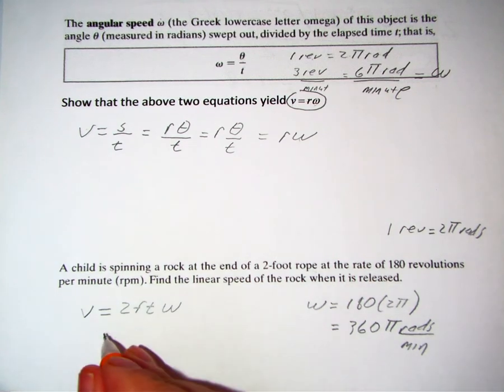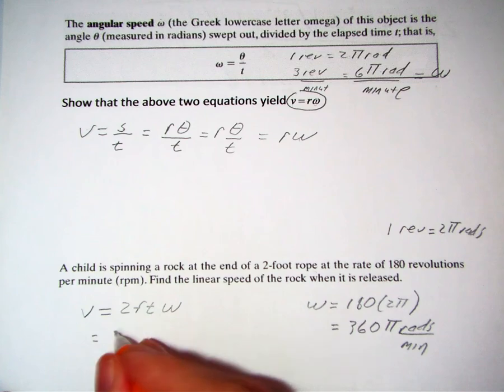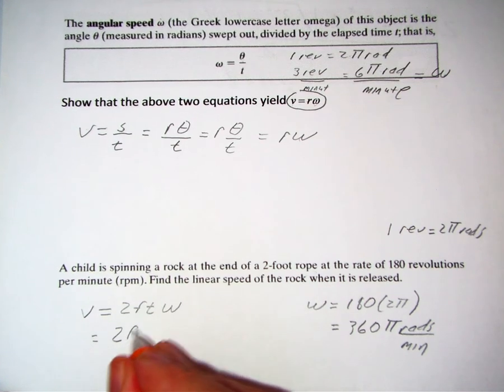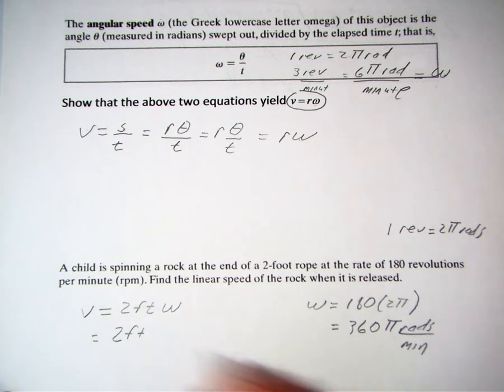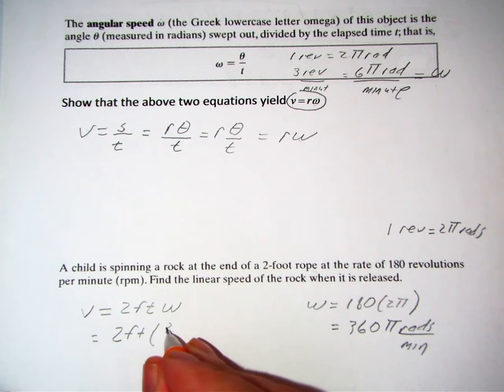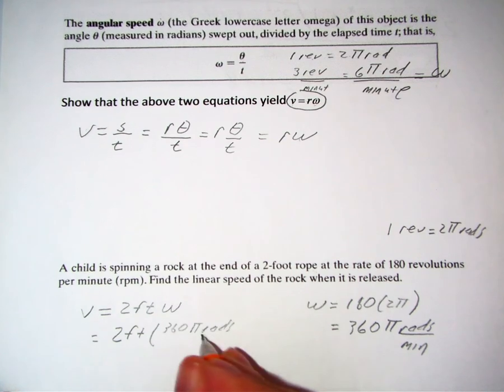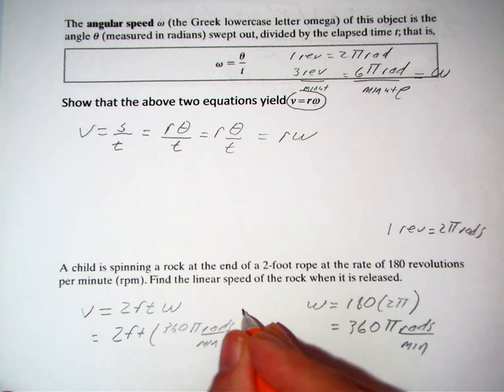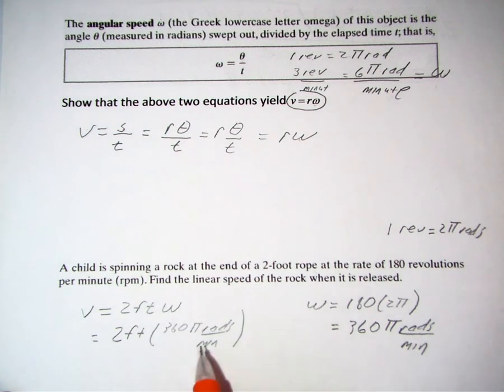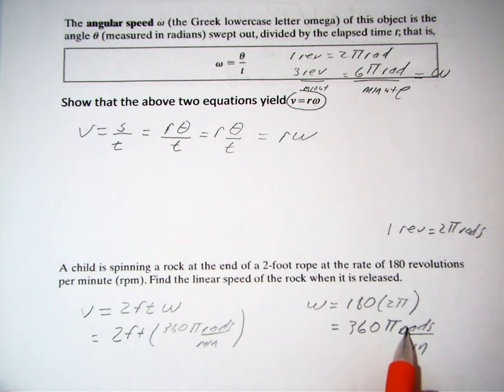So here we go. Linear velocity is 2 feet times 360 pi rads per minute, right? Now, y'all, you kind of see why I made a big stink and got all excited about radians being dimensionless, right?